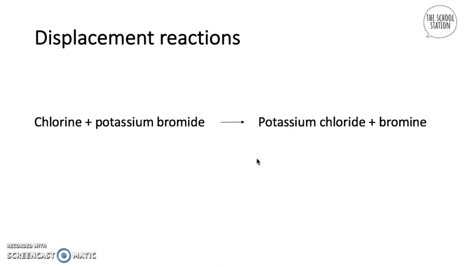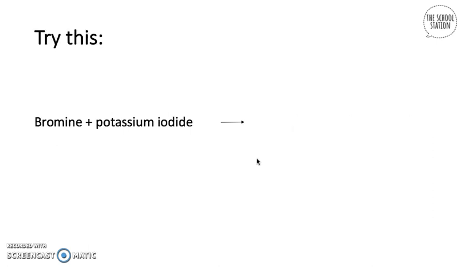I want you to pause this video and have a go at this question. This is bromine plus potassium iodide, so you may want to use the help of a periodic table to do this. So just know the group. Pause this video and write this down on a piece of paper, and then I'll take you to the group so that you can see which is more reactive and which is less reactive.